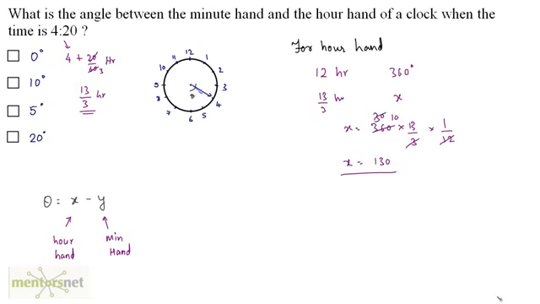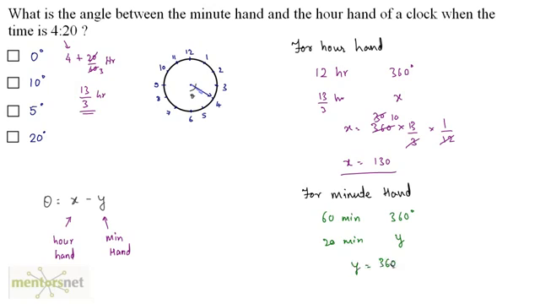Now let's calculate for the minute hand. So in 60 minutes the angle traced is 360 degrees for a minute hand. So what will be the angle traced in how many minutes are there? Well, there are 20 minutes, isn't it? So in 20 minutes what will be the angle traced?